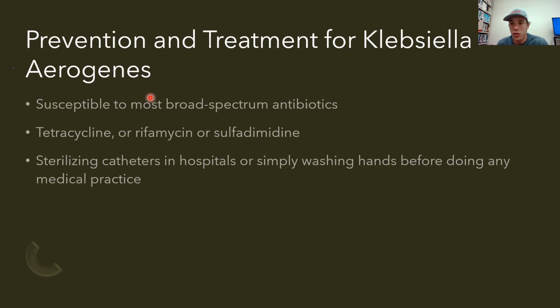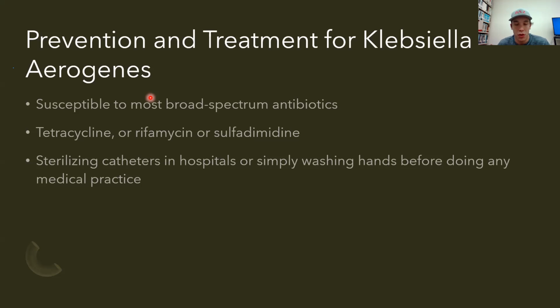Tetracycline usually inhibits the protein synthesis of the bacteria, so it cannot produce proteins anymore and slows down quite a bit, so your body can produce an immune response to get rid of the infection quickly.